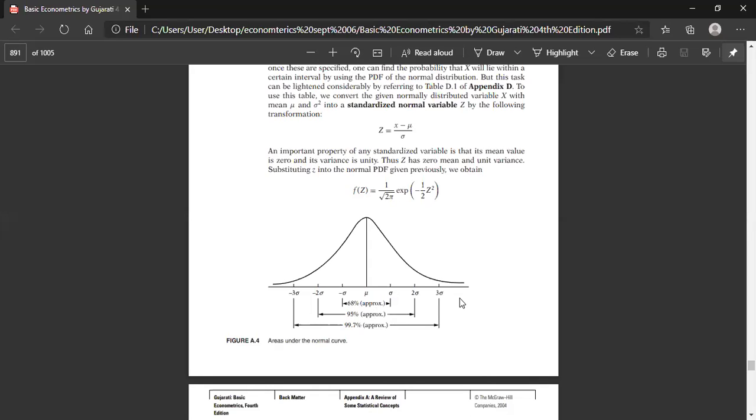Any random normal distribution you bring, you have a mu and sigma square. If I bring one with some mu and sigma square, you bring another one with another pair of mu and sigma square, totally different curve. Obviously, each of the curves is bell-shaped, symmetric, and all these general properties remain, but the area between 2 values for 2 curves will be different, meaning probabilities are different.